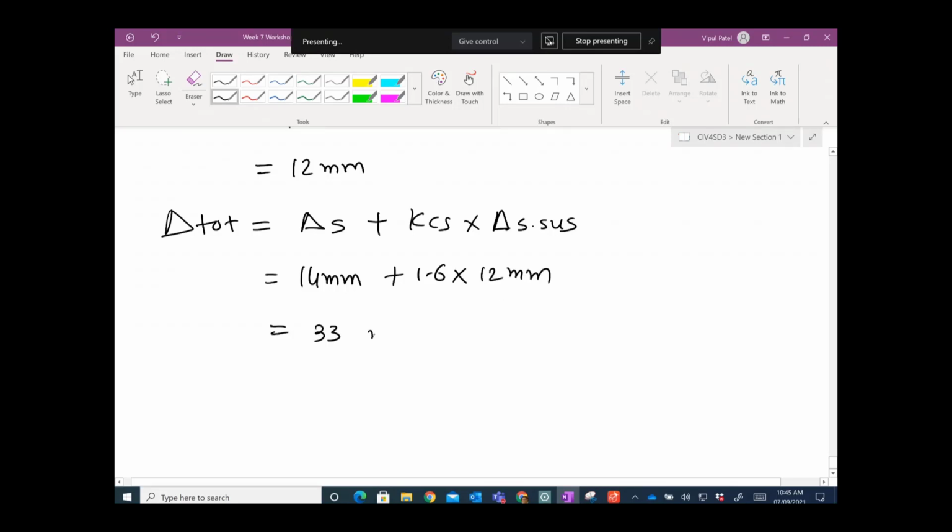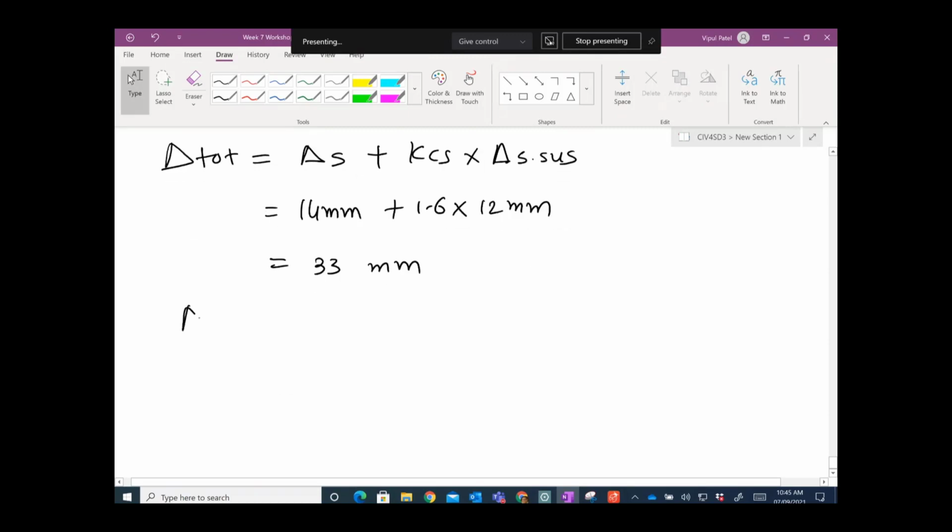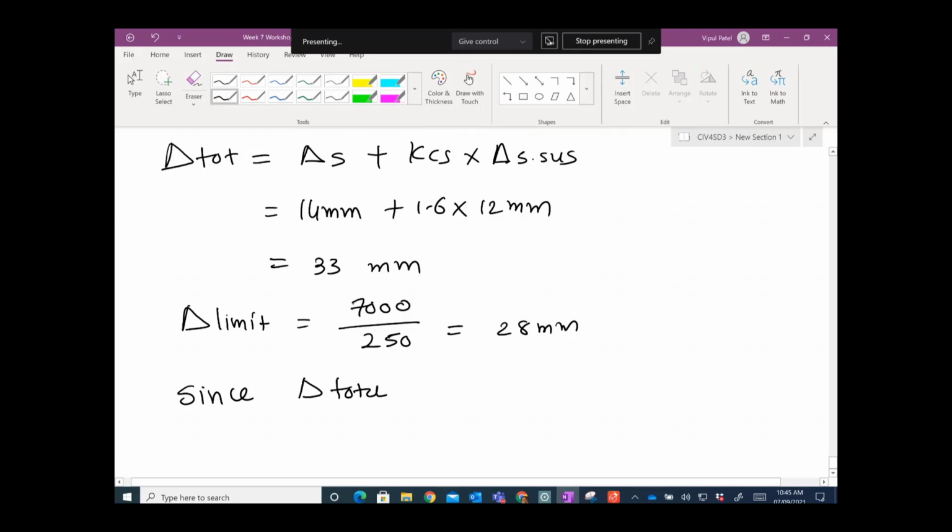So it is 33 millimeters, and delta limit we have 7,000 over 250, which is equal to 28 millimeters. Since delta total, which is 33 millimeters, is greater than delta limit 28 millimeters, it is not okay.